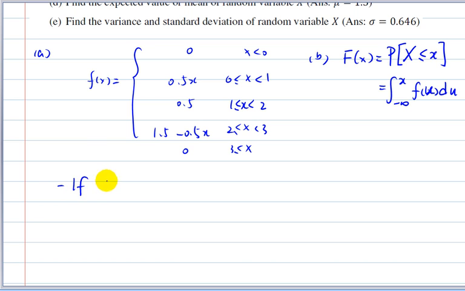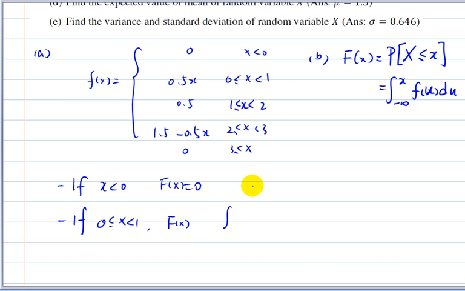So basically what you need to do is take a look at different cases. Your F of x will also become a piecewise function. If x is less than 0, what is f of x? Apparently that's basically 0. If x is within this range here, what will be your f of x?